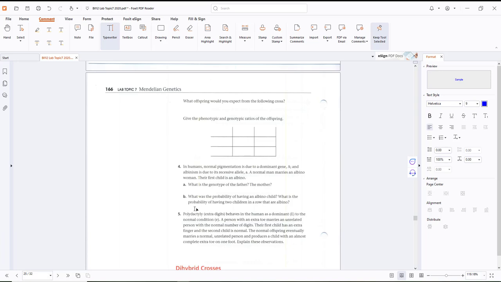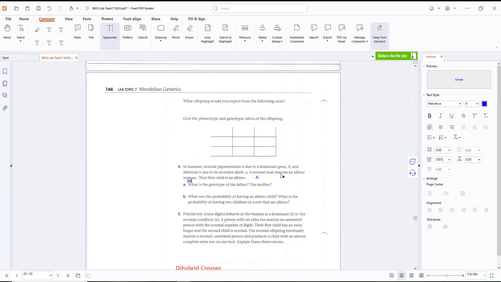Let's see. Number 4, in humans, normal pigmentation is due to a dominant gene, big A, and albinism is due to a recessive allele. A normal man marries an albino woman. Okay, so we know that this normal man has at least a big A. The woman has 2 little a's, right?